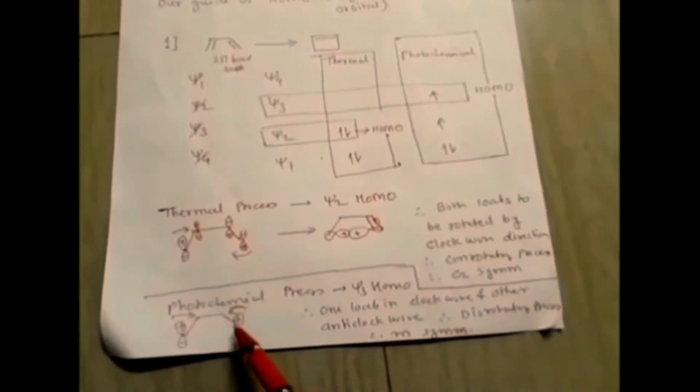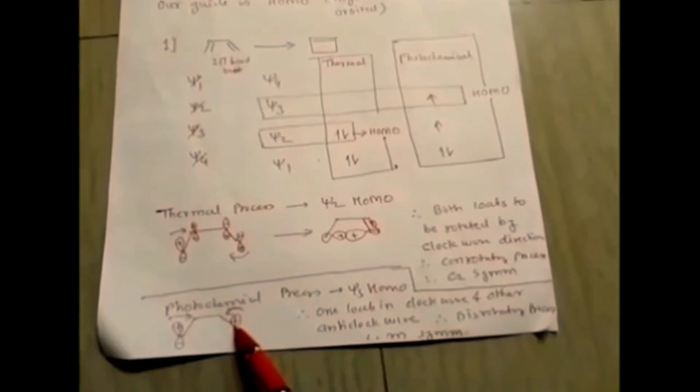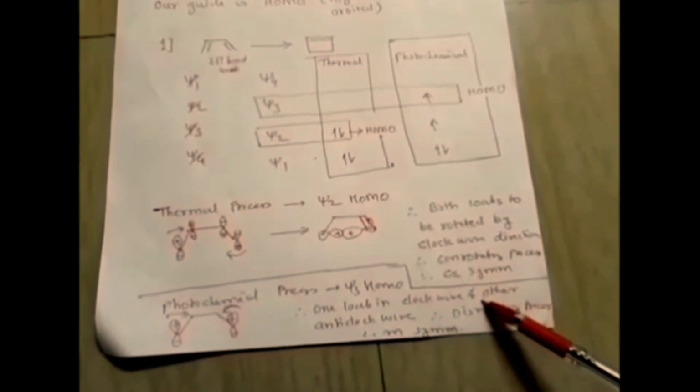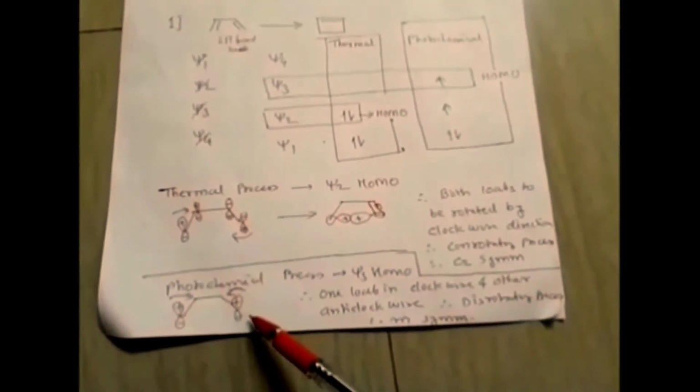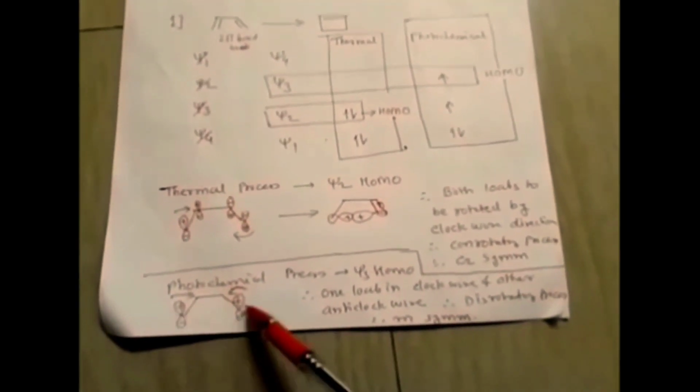That means this is a disrotatory process, and disrotatory means mirror plane symmetry. You just place a mirror here: positive, negative, positive, negative. That means it is symmetric with respect to the mirror plane. So in this way, photochemical process, disrotatory process, mirror plane symmetry. Again, we reach the same conclusion as the correlation diagram method.